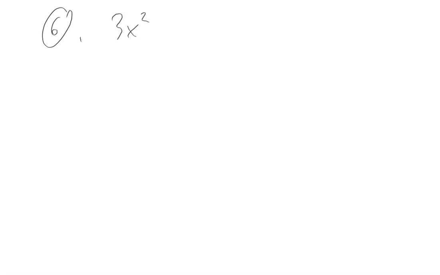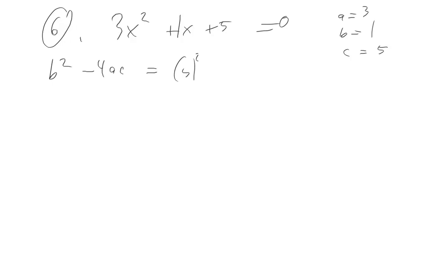Now let's find number 6. 3x squared plus x plus 5 equals 0. So the discriminant, once again, is b squared minus 4ac, and a equals 3. B, there's a 1 in front of that x, an invisible 1. So b equals 1 and c equals 5. So b squared would be, oh, I put the wrong number in for b, sorry. B is 1, of course. So it'd be 1 squared minus 4 times a times c, which is 5.